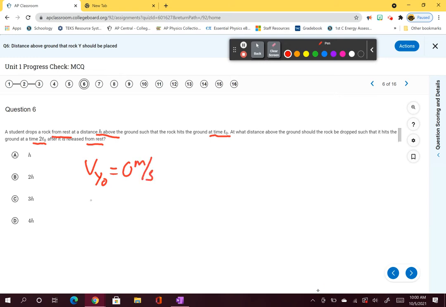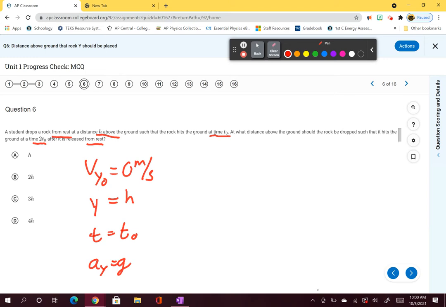We have that our height is h. We have our time to be t naught. Since it's falling, we know that our acceleration in the y would be gravity, constant. So those are kind of our givens.